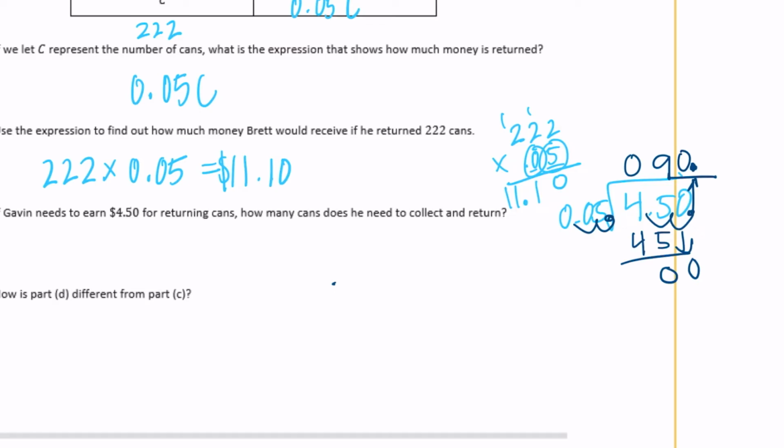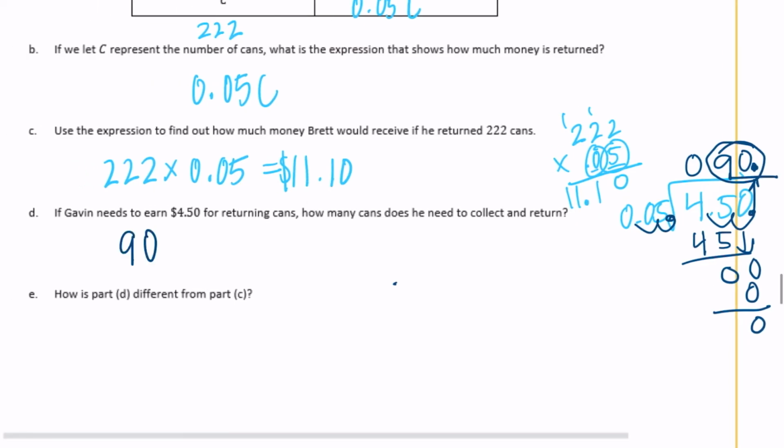I'm going to put a 0 up there. There's nothing to bring down, no remainder. So our answer would be 90 cans. Because we did 450 divided by 5/100.